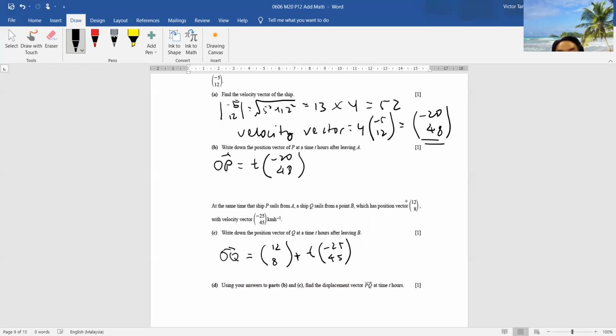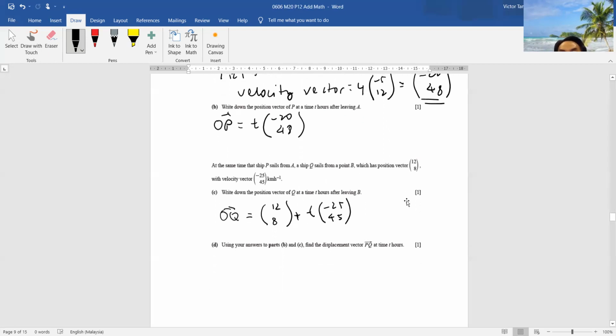There you have it. Using our answers to parts B and C, find the displacement vector PQ. So PQ equals OQ minus OP.